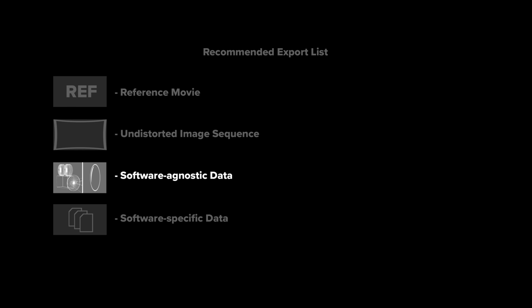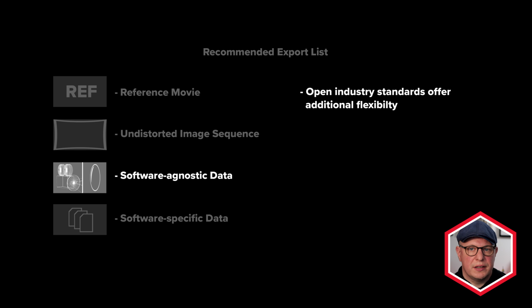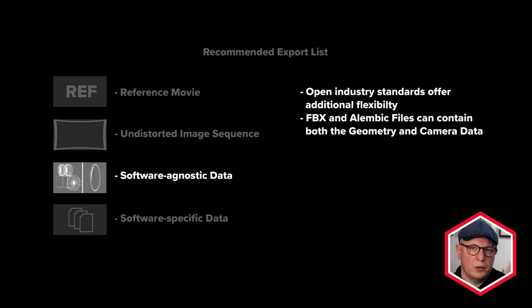Software-agnostic camera, geometry, and lens data. There are a lot of open industry standards that SynthEyes can export to and that virtually any 3D application that can make use of 3D data can import. The two most important ones would be FBX and Alembic.